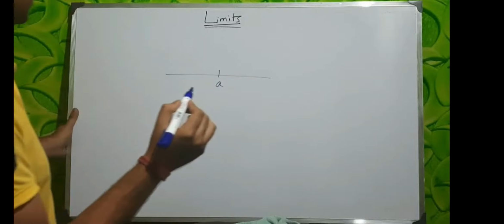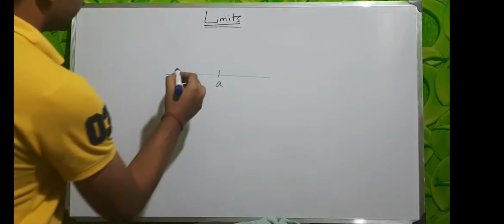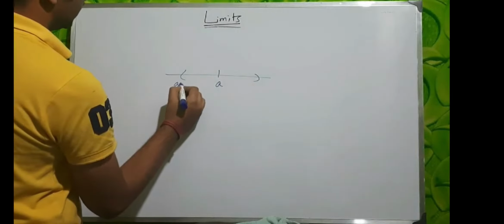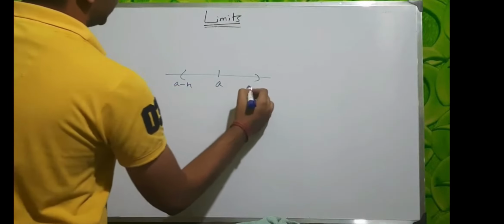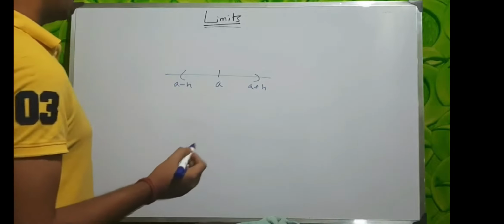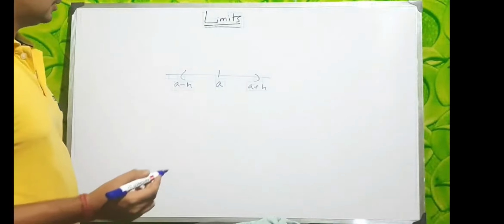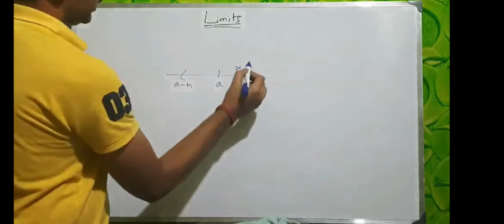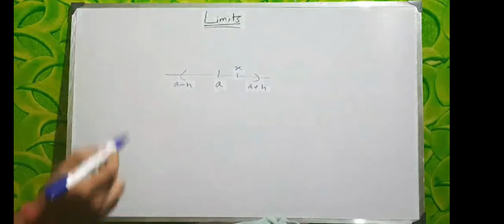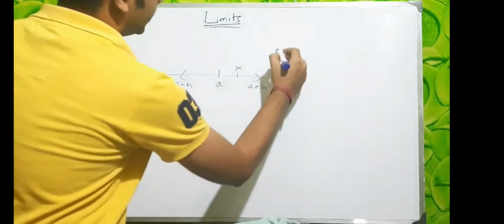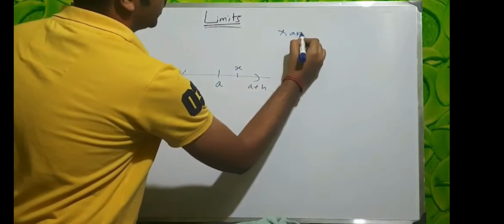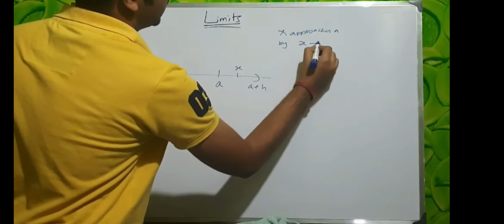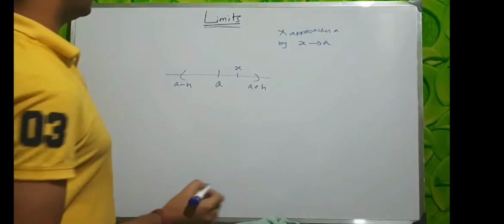This is some real number a, this is a minus h, and this is a plus h, where h is also a real number. Let's take a variable x. When we say x approaches a, we denote it by this sign, which we call x tends to a.